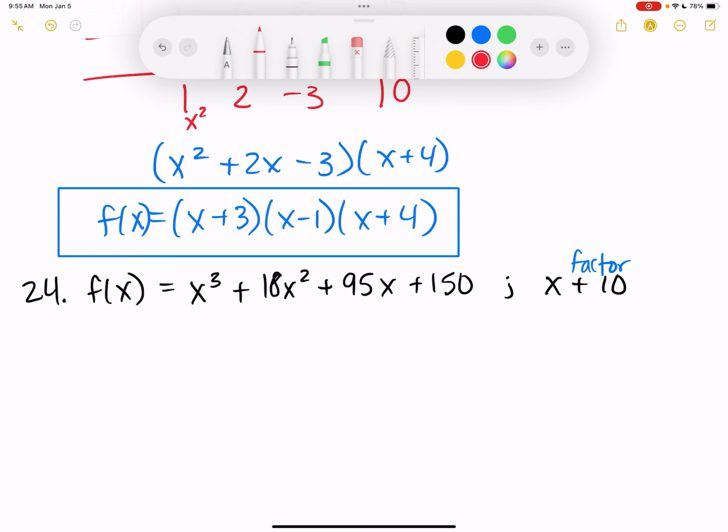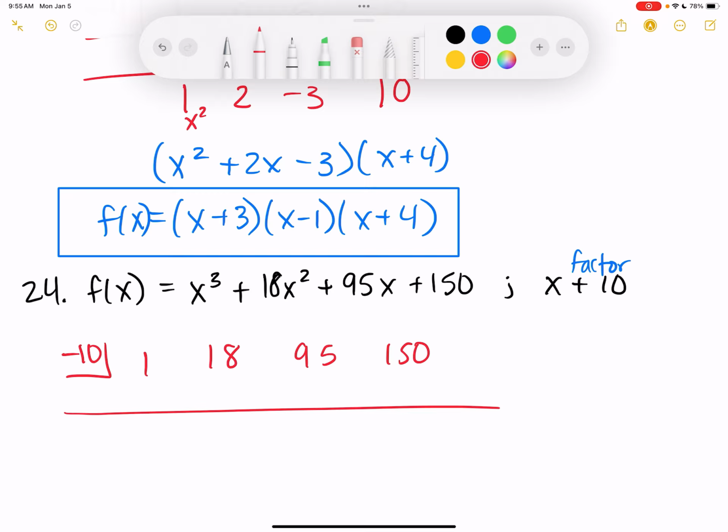All right, so opposite sign, so -10. I have no missing terms, so I've got 1, 18, 95, and 150. Bring down the 1, times -10 is -10.